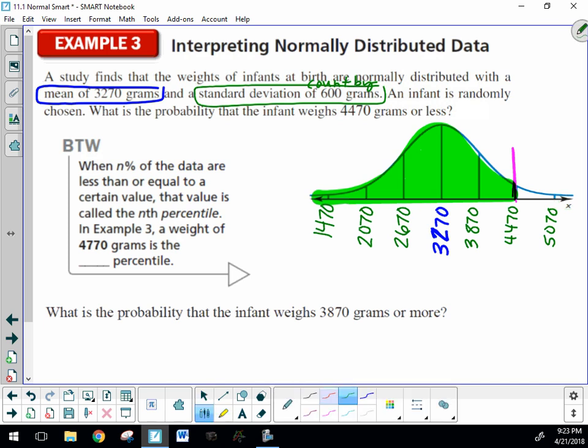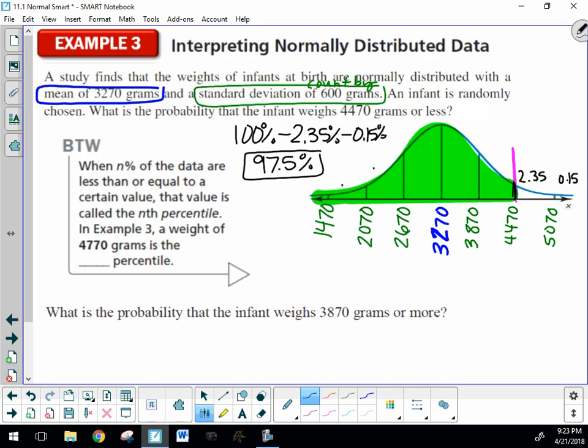I think this one is actually a lot easier to think of as subtraction. You could add up each of these sections, but we're only missing these two. So the whole curve shows 100% of the infants. We are just missing 2.35 and 0.15 on the end. So we could just subtract those from 100 and we get 97.5%.